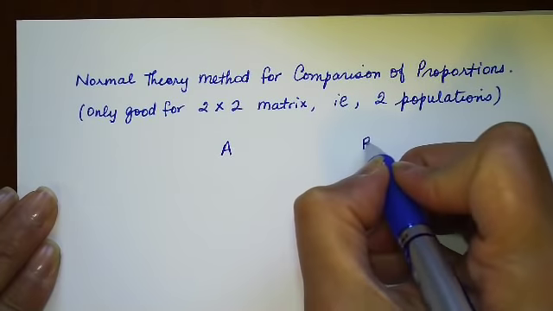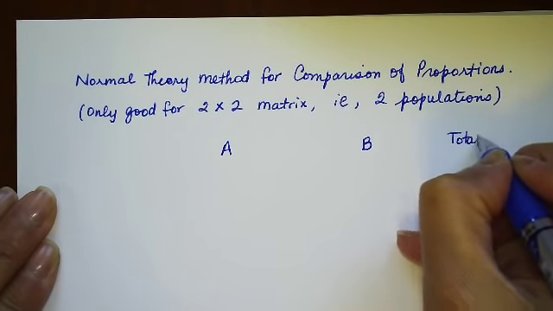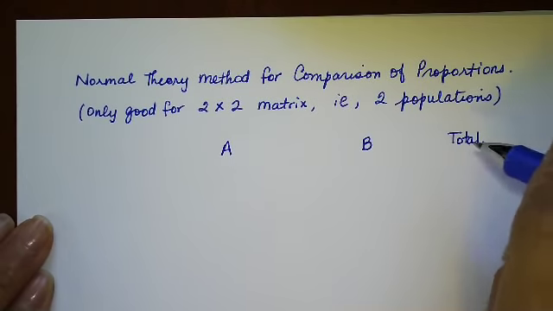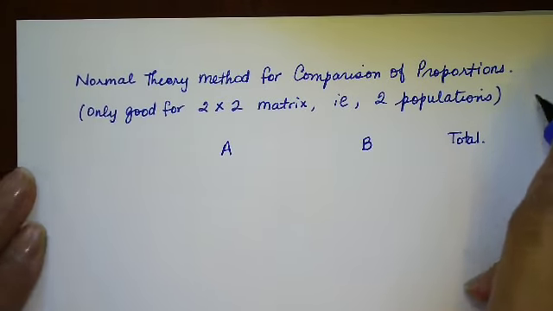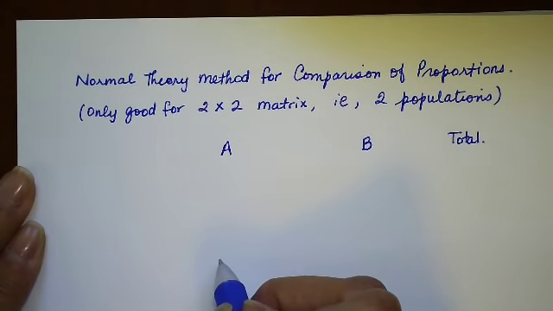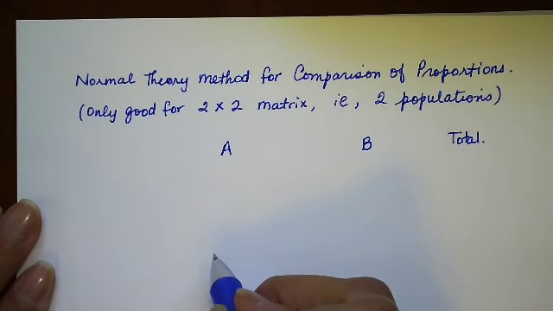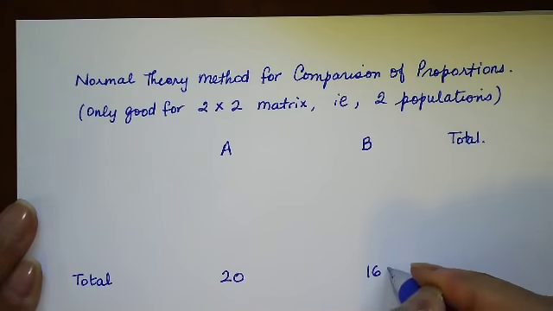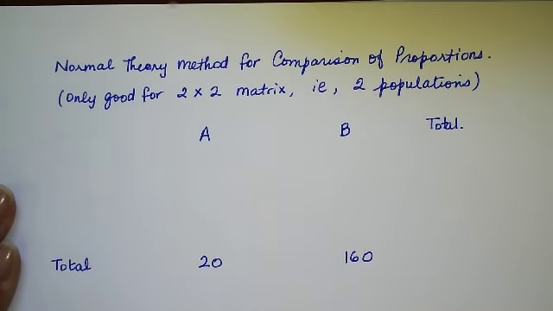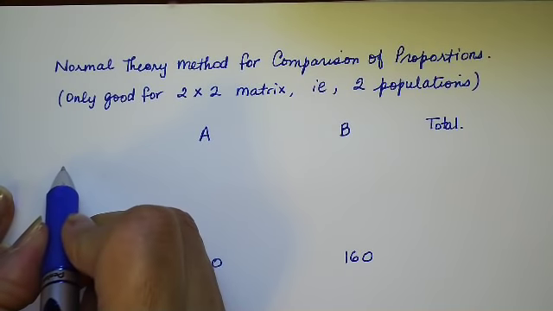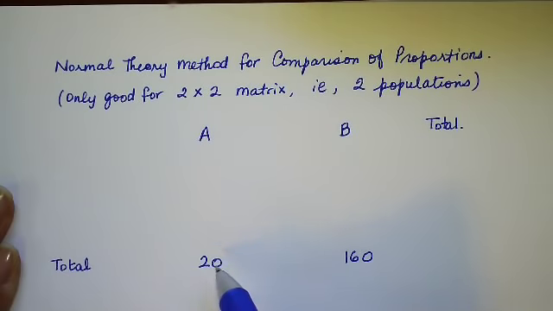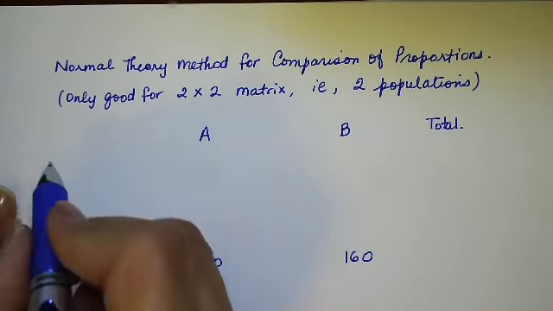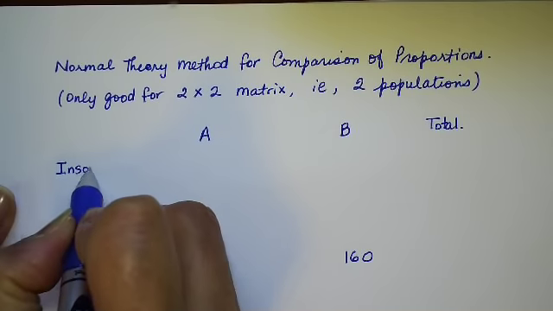So let's say that I have 2 drugs, drug A and drug B, and I take a sample of, say, 20 people who are given drug A, and it's the total, and let's say 160 people given drug B, and I would like to talk about the percentage of these 20 who experience insomnia.